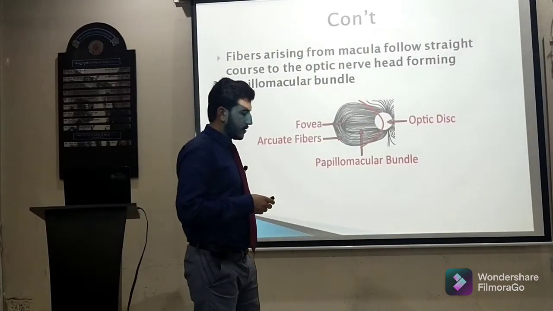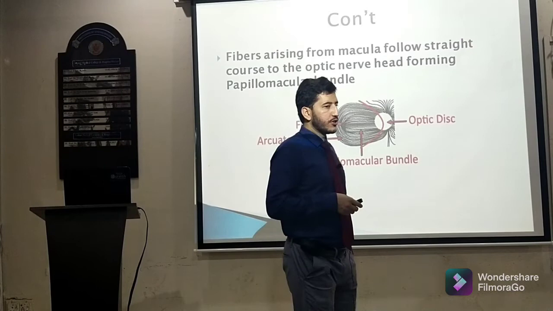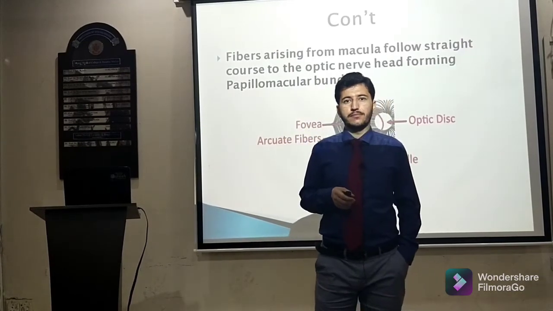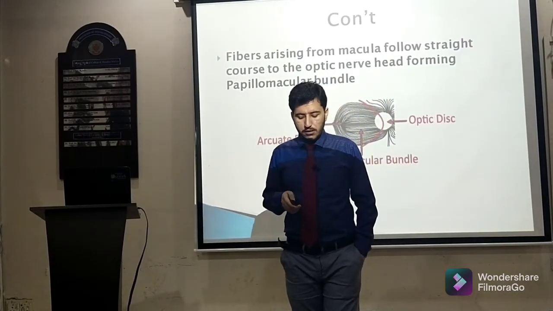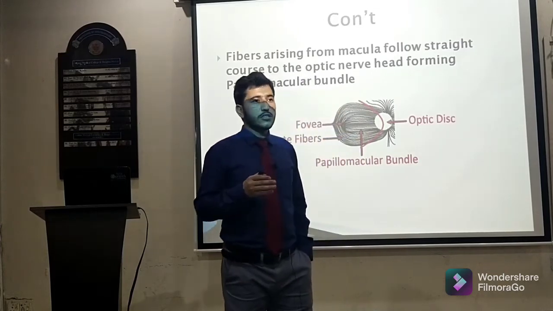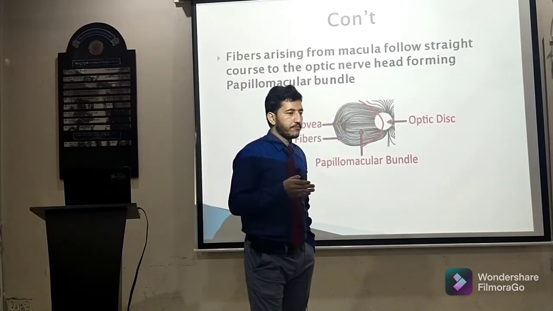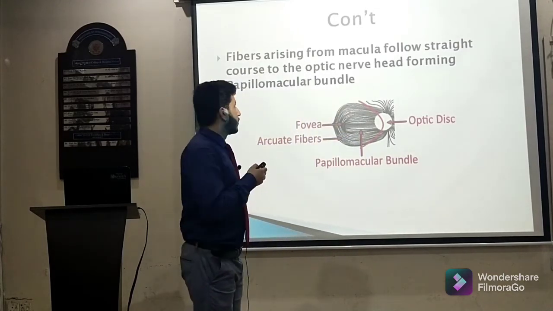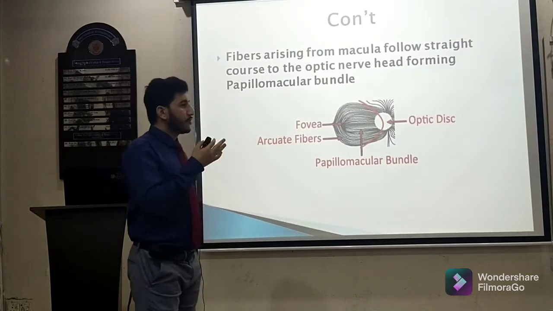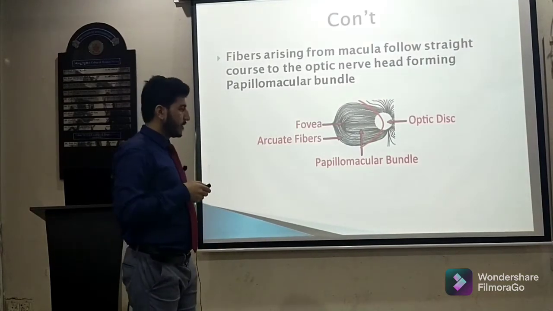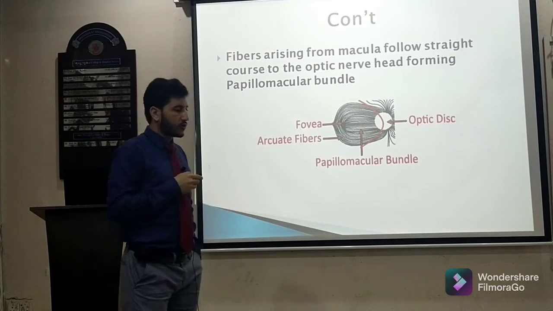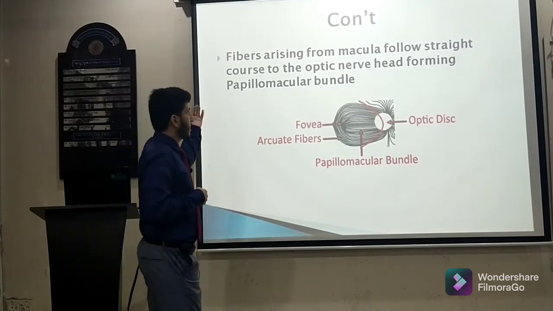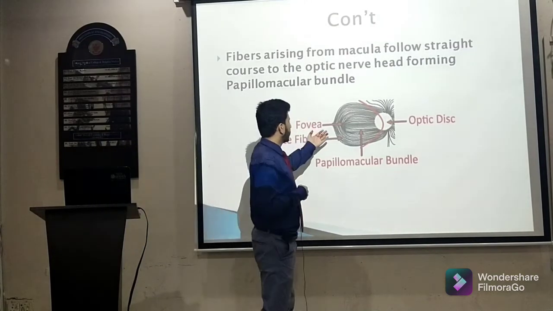We said that the patient is developing tunnel vision. Why is the patient developing tunnel vision? In the retina or in the fundus, the fibers arising from the macula follow a straight course to the optic nerve head, forming papillomacular bundles.